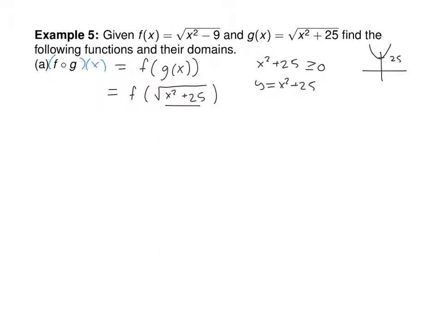So are those y values of that expression ever negative? No. The smallest they ever get is 25, right? So that means that you can plug any number you want into this expression. So the domain of x squared plus 25 is all real numbers. Or you could say here, the domain is R for reals.